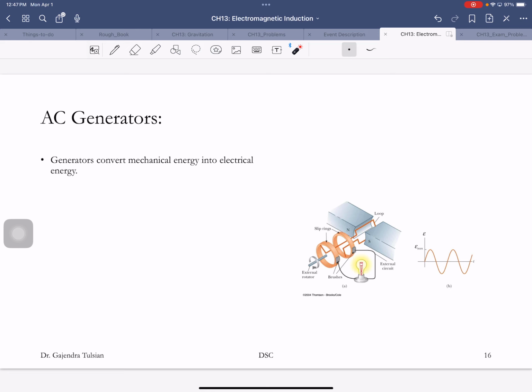How do you turn the loop? A turbine. In a windmill, the wind is turning the blades, which is turning this loop of wire. In a dam, you release water, and the water is turning this loop of wire. In a coal power plant, steam is turning it.